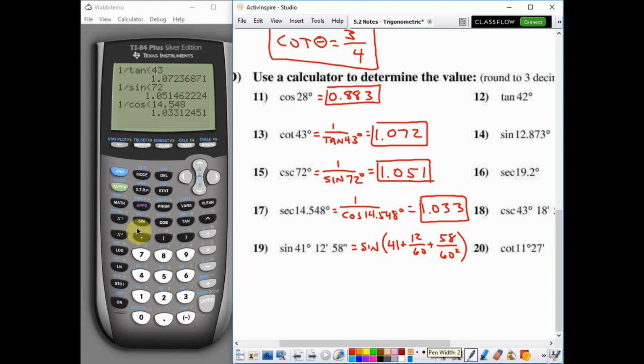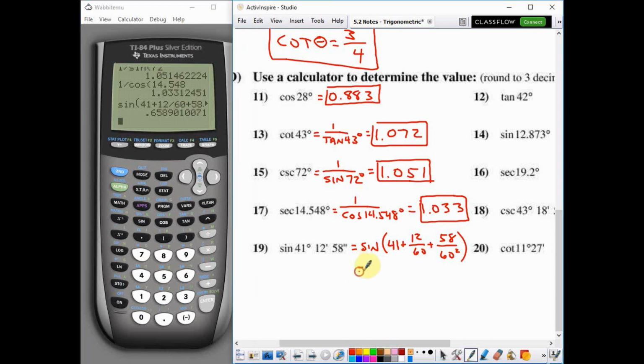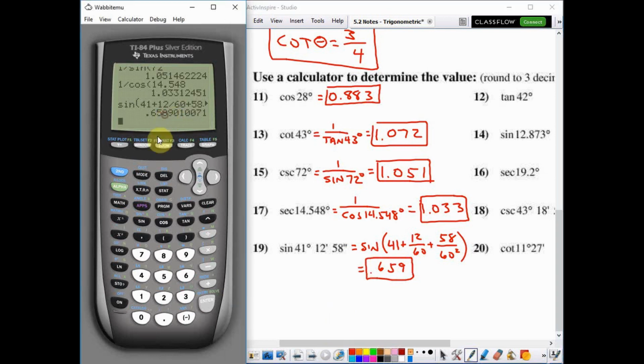That gives .6589, so that would be 0.659. That 9 is big enough to bump that 8 up 1.